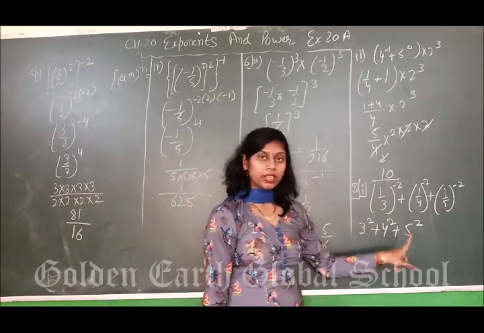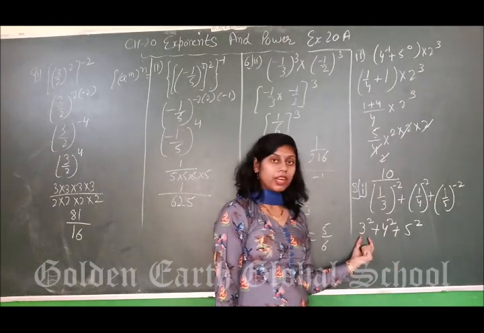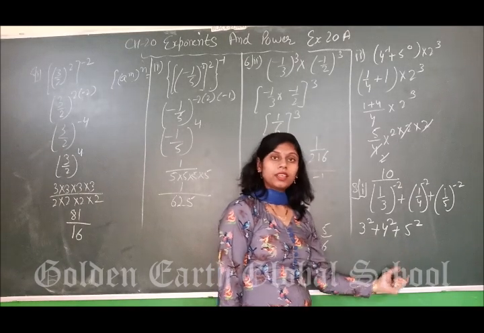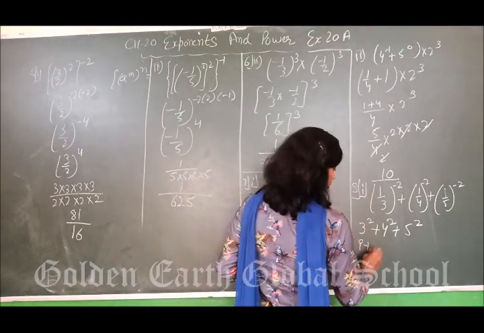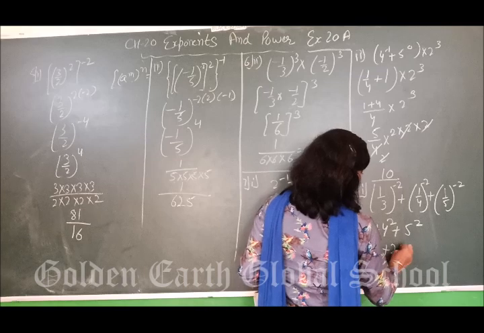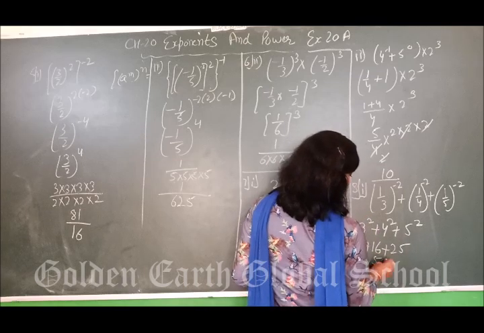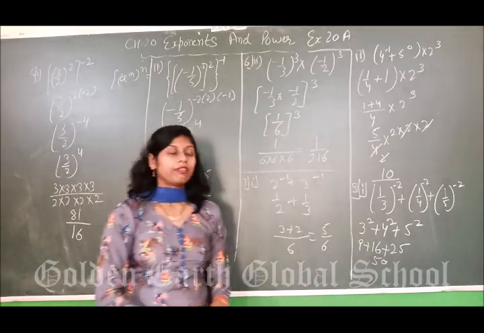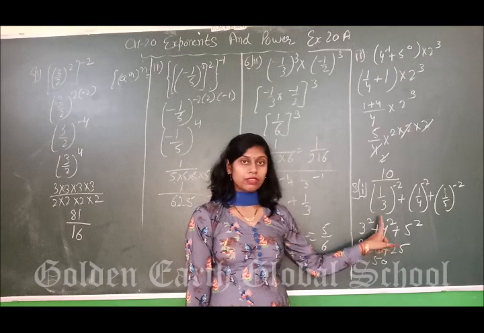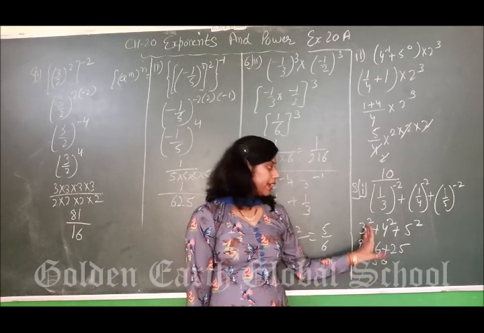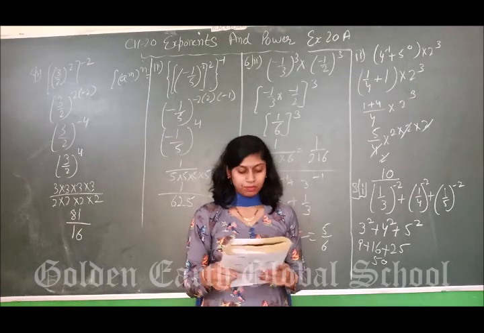The terms are in addition, bases are different, so we will simplify the individual terms and then add. 3 squared is 9, 4 squared is 16, 5 squared is 25. 16 plus 9 is 25, 25 plus 25 is 50. So answer will be 50. Here no rule will apply, since bases are different and powers are the same. Here solve the individual terms and then add them.